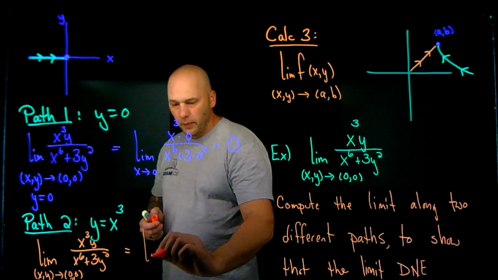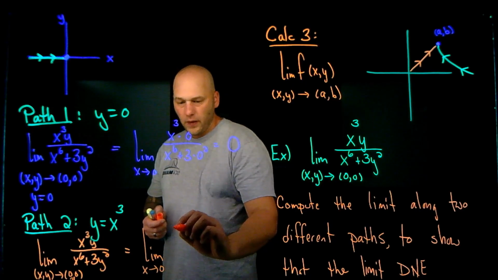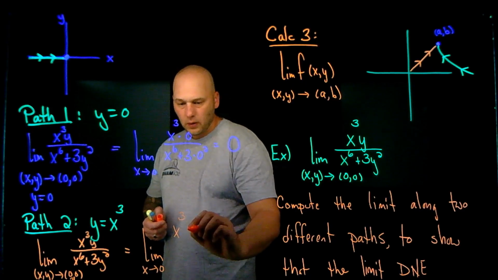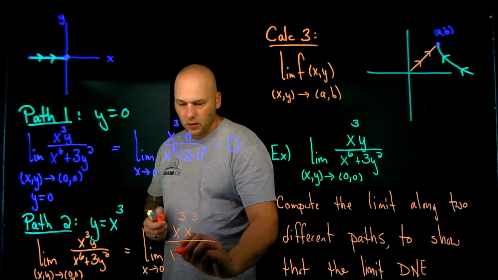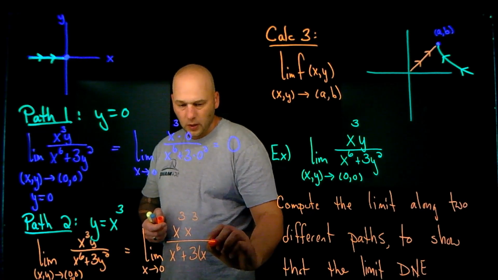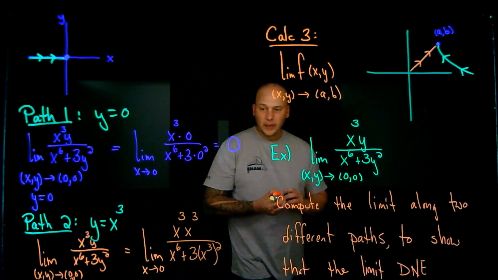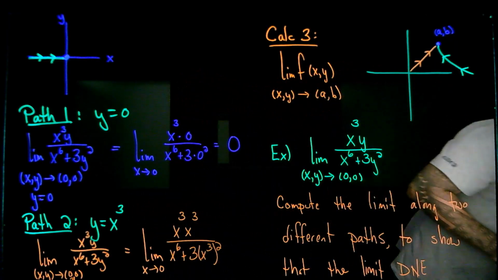So this would be the limit as x goes to 0 of x to the third times x to the third over x to the 6th plus 3 times x cubed squared. All right, now let's go ahead and clean that up and then compute the limit.